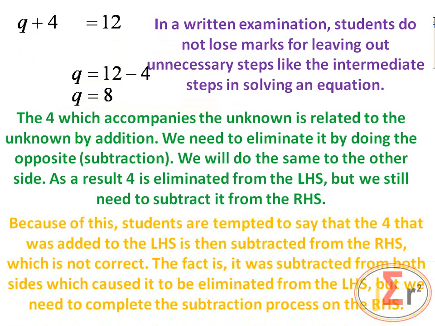Because of this, students are tempted to say that the 4 that was added to the left-hand side is now subtracted from the right-hand side, which is not correct. The fact is, it was subtracted from both sides, which caused it to be eliminated from the left-hand side, but we need to complete the subtraction process on the right-hand side.